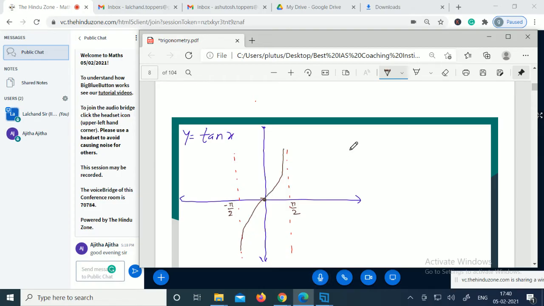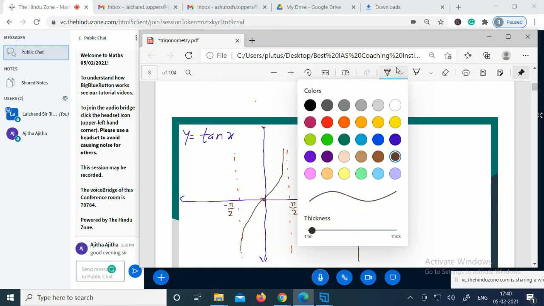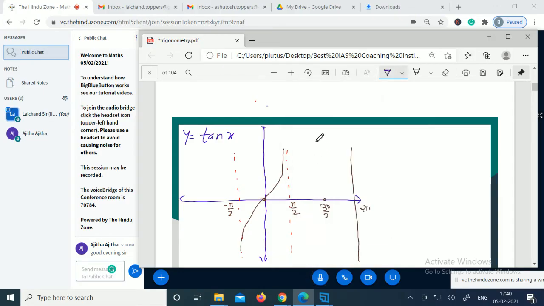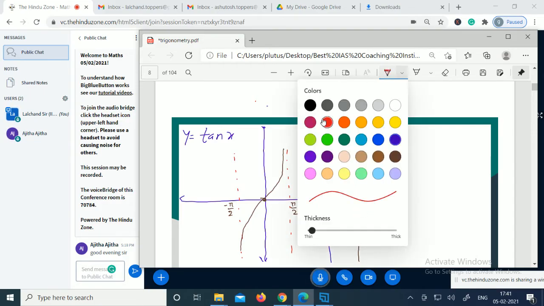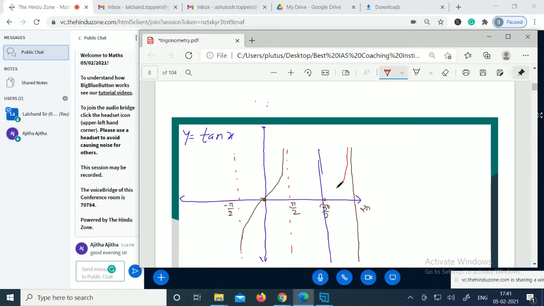Again in the next interval this is 3 pi by 2 and this is 2 pi, and again the curve is similar. Are you getting the tan plot? Because at pi by 2 tan tends to infinity, not defined, so there is a line parallel to the y-axis, and at 0 tan is 0. So it is positive in the first quadrant.